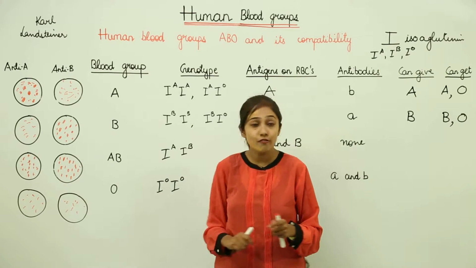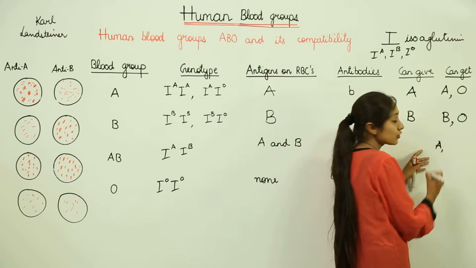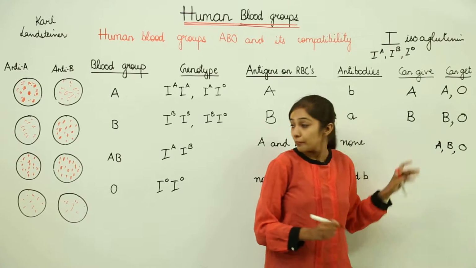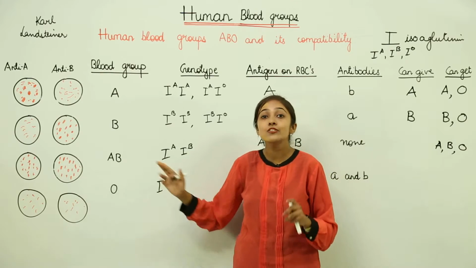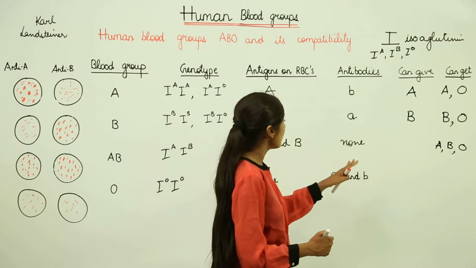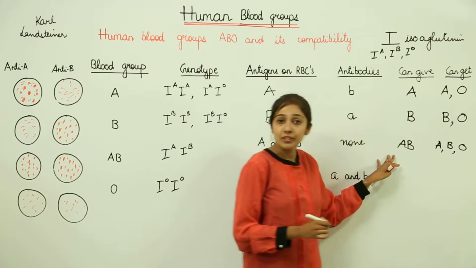So in case of blood group AB, it can get blood from A also, from B also and from O also, because AB is what? It is universal recipient, right? And it can give blood to AB.